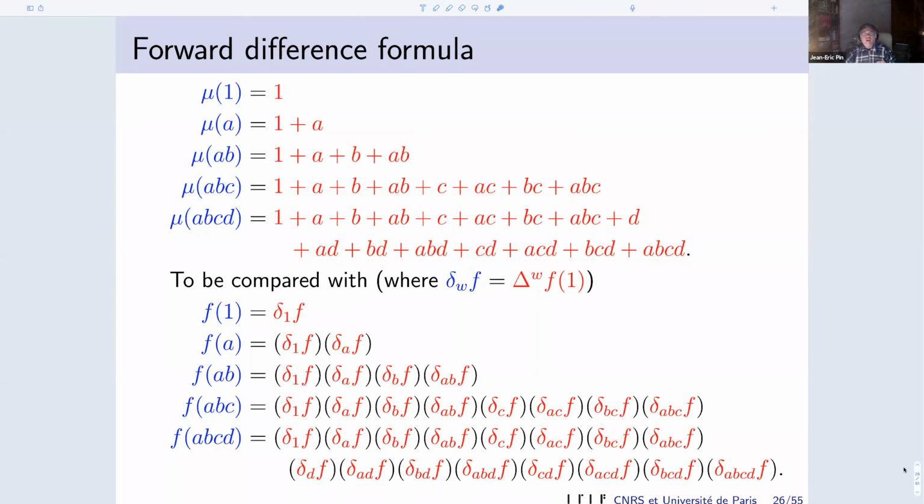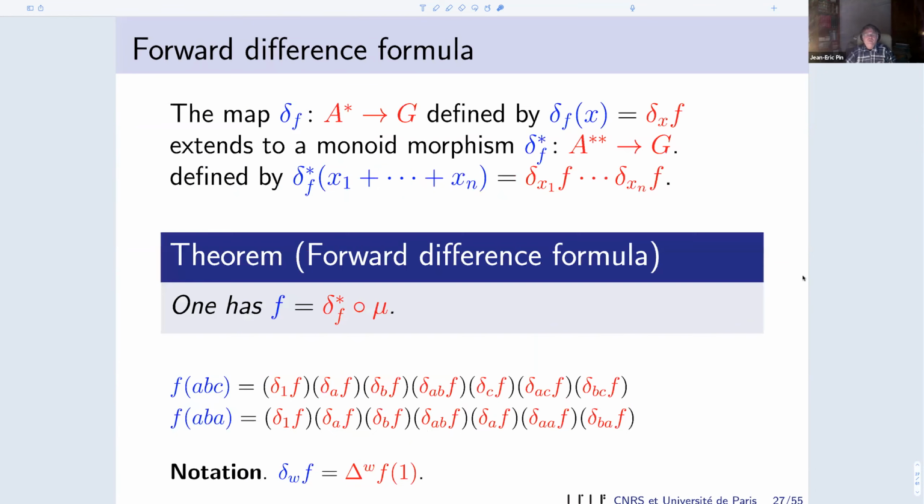Now, if you want to make it formal, you consider the map delta f, from A star to G. Remember, f was a function from A star to G, and the map is defined by delta f of x, where x is a word. It maps x onto delta x of f.